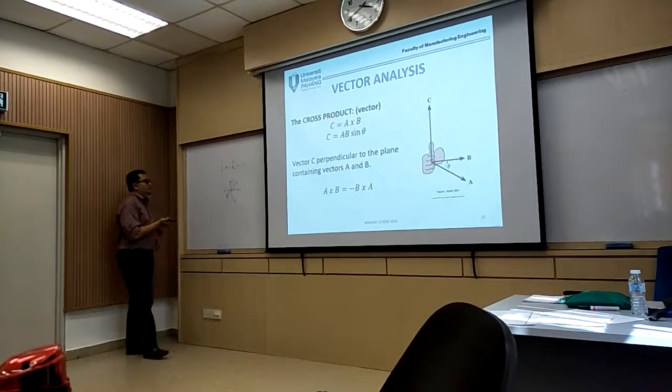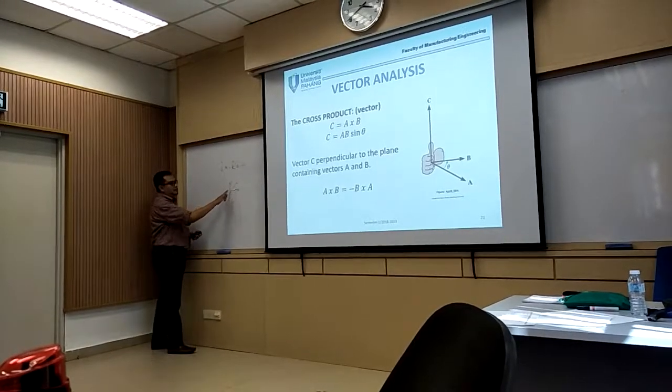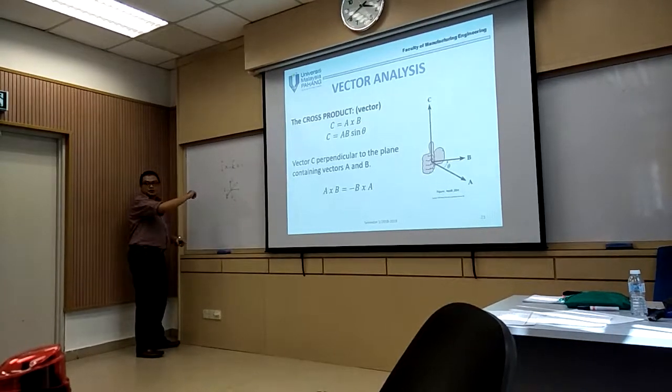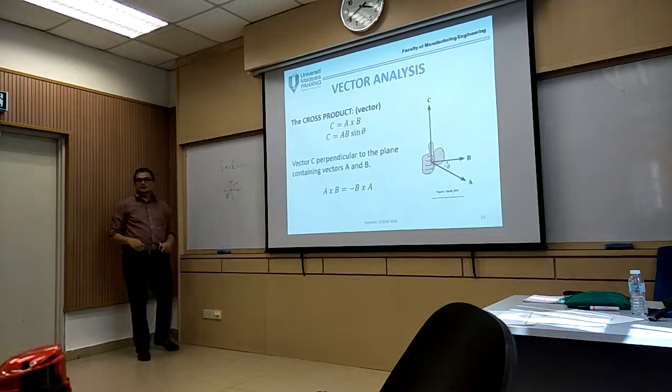So j cross minus k, we have j. Normally I use it like this: j cross minus k is going inside, minus k. Then you will get minus i.